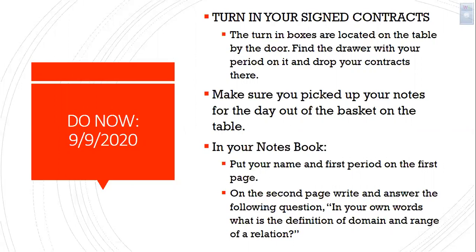So in your notebook, I wanted you to tell me in your own words, what is the definition of domain and range of a relation? Does anyone remember domain and range from Algebra 1? What did you write? If you hear the word domain, what goes off in your head, in your brain? X-axis, X values, okay?